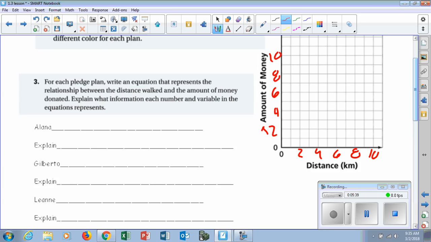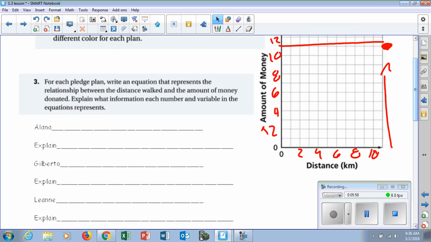This is what your table looks like. So basically they're saying that when we look at the table at distance for 12, it can go all the way up to 12, and $11 right here, that point, where does that point lie? Well, Joey told me that that lied on Elena's graph.